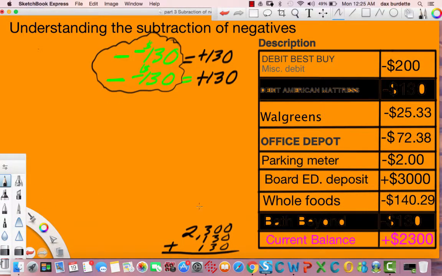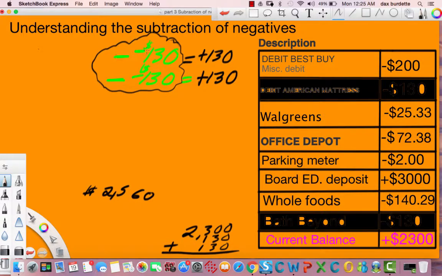All right. So now how much do I have? Well, that would be 0, 6, 5. So I have $2,500 and what? $60 in my account. Does that make sense? Should I have more than $2,300? Yes. Why? Because they subtracted those minus transactions off.